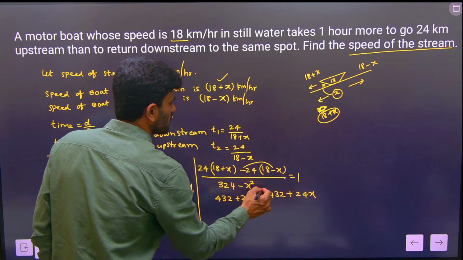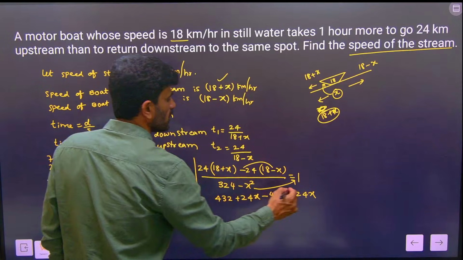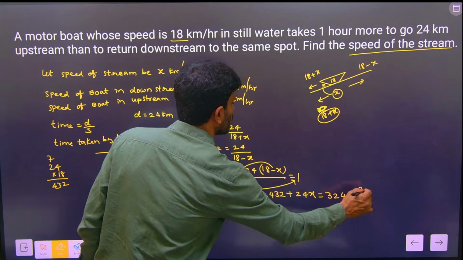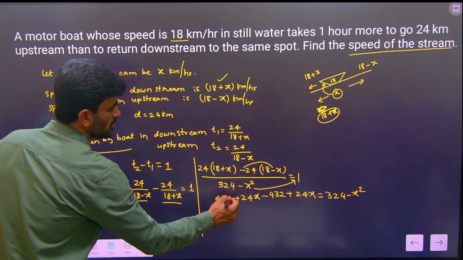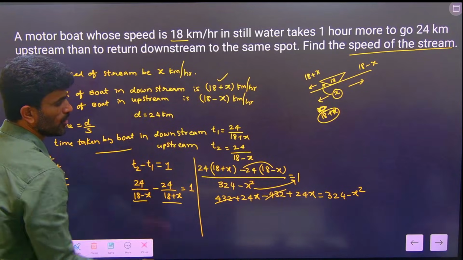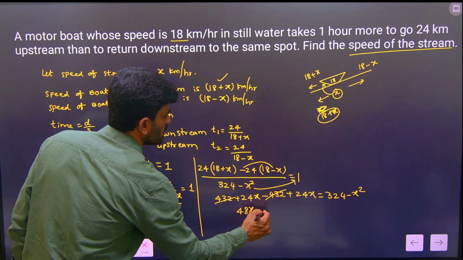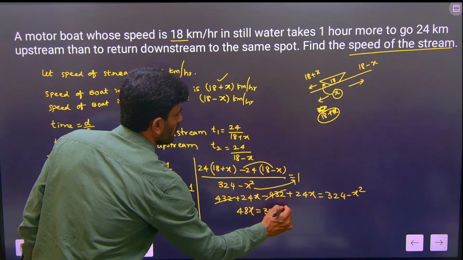Then 1 into that value is 324 minus x square. The 432s cancel. 24 plus 24, 48x is equal to 324 minus x square.